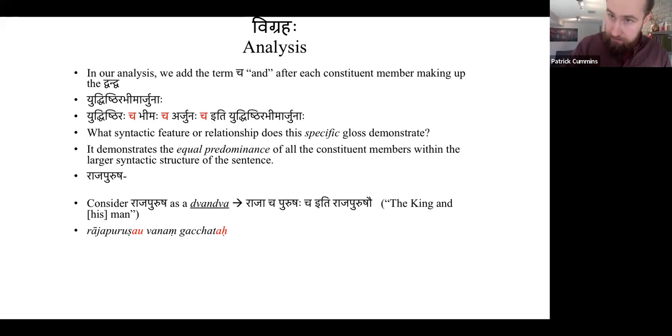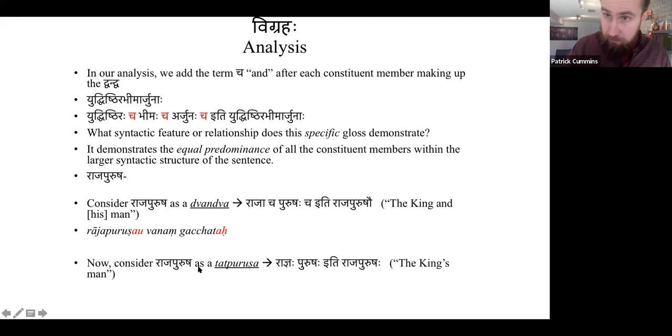Now let's contrast that with the same compound rāja-puruṣa, not as a dvandva, but as a tatpuruṣa, which here I would be glossing as rājñaḥ puruṣaḥ iti rāja-puruṣaḥ, which means "the king's man," or "the man of the king." And here, the king is a qualifier of puruṣa. They're not coordinated or connected on equal footing.